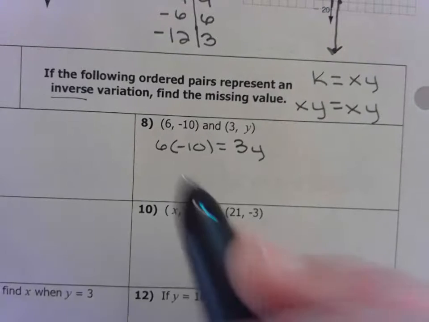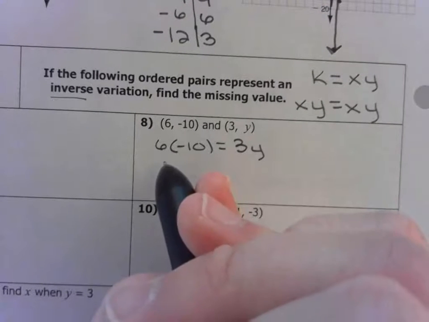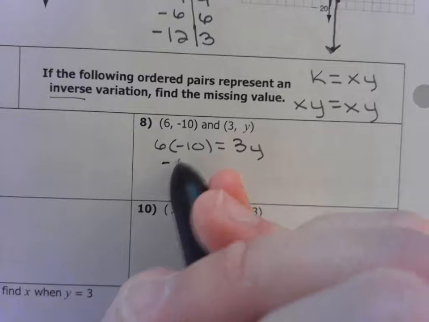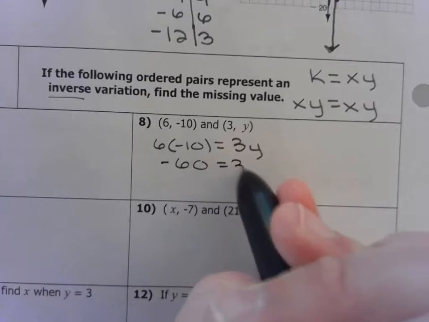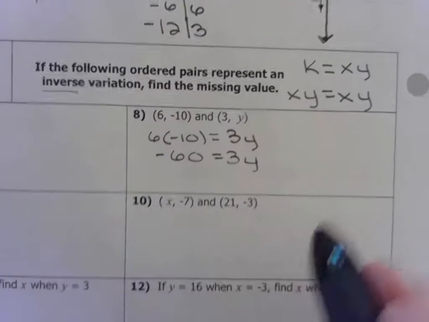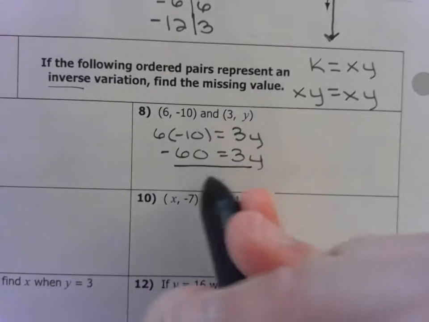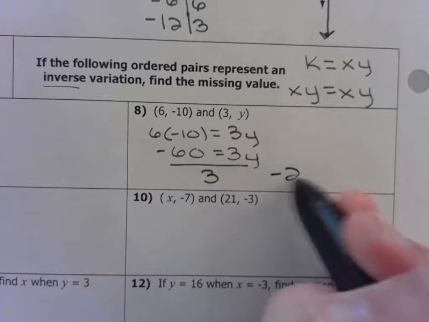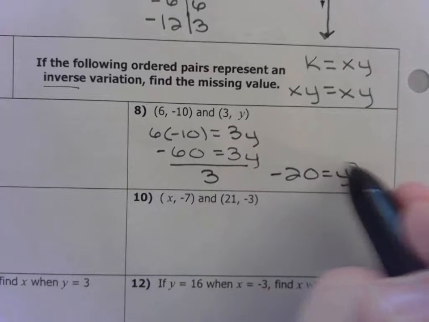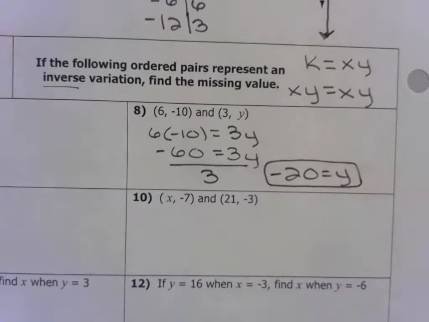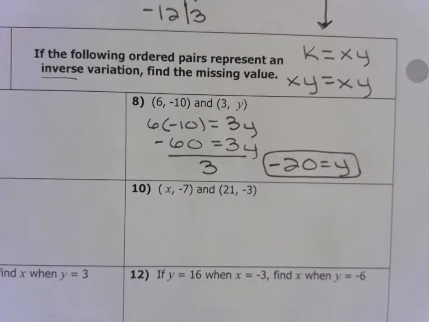So this is easier. 6 times negative 10 equals 3y. I want to know the missing value, so how do I find y? Divide by 3. So negative 20 equals y. That's all you do. So it's easier than direct because you don't have to do a proportion. Once you multiply x and y, you just have a straightforward equation.